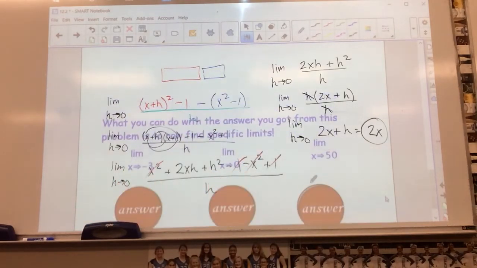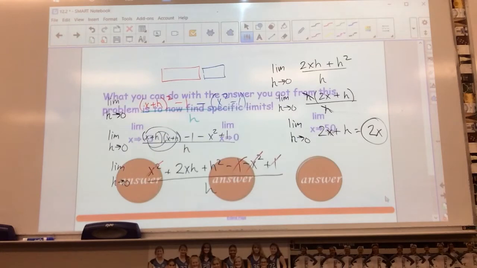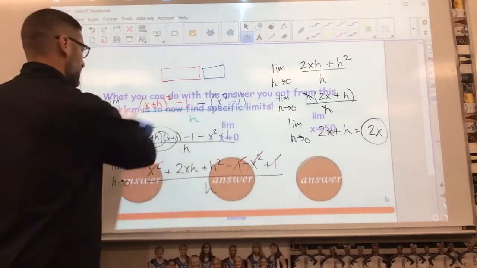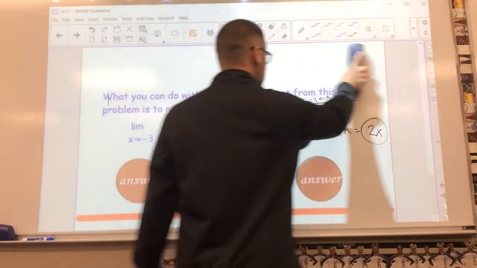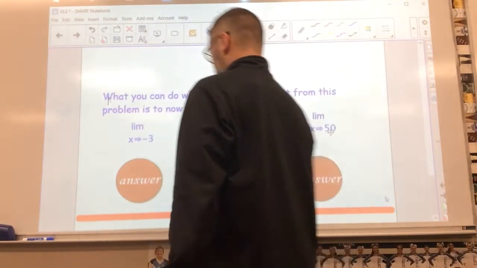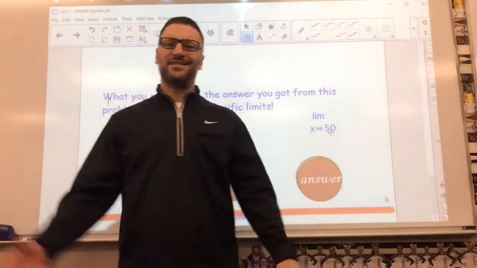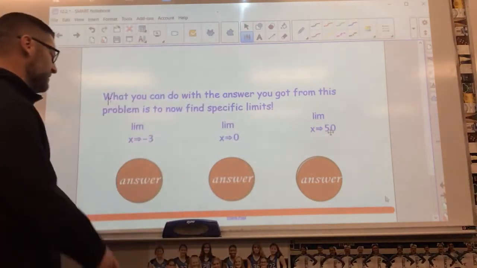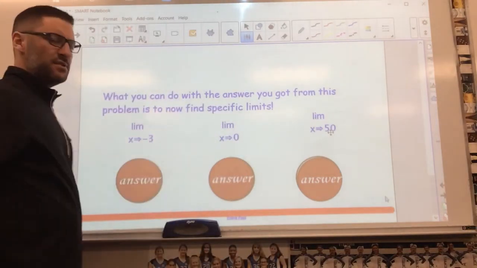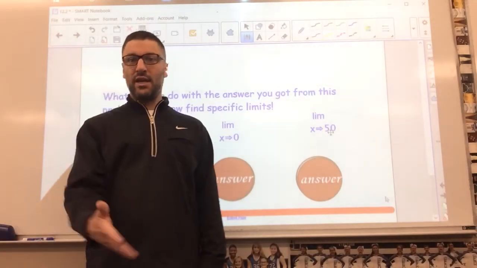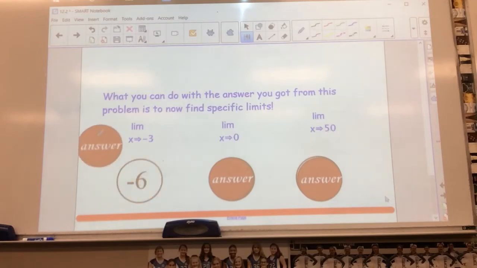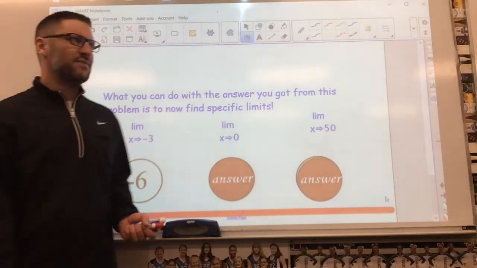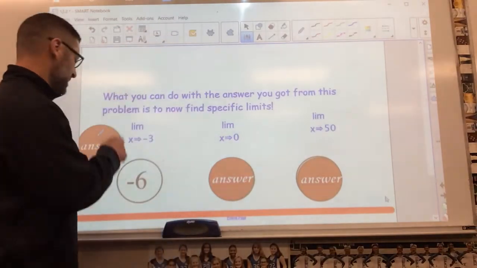What you can do with the answers from this is find specific limits at specific spots. If you had that 2x answer, and they wanted you to find the limit as x goes to -3, you can take the -3, plug it in, and get -6.